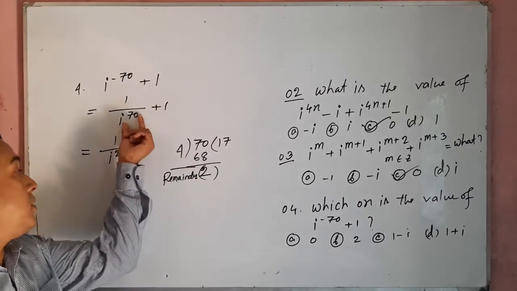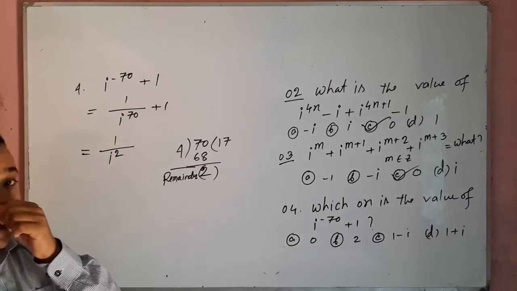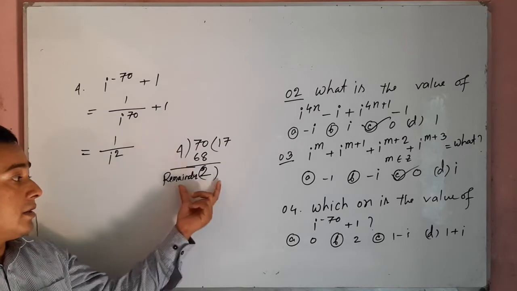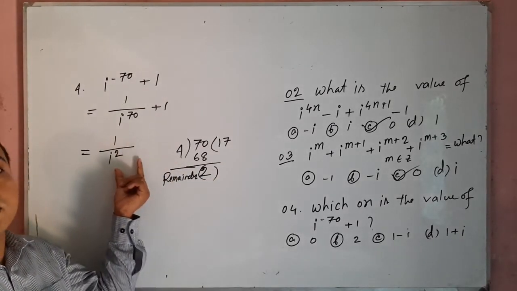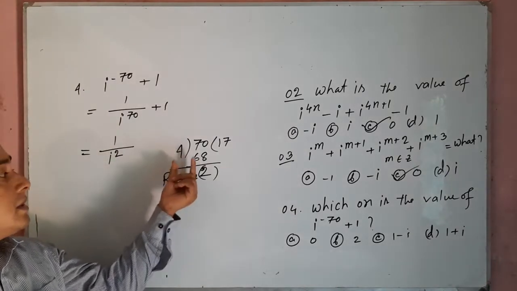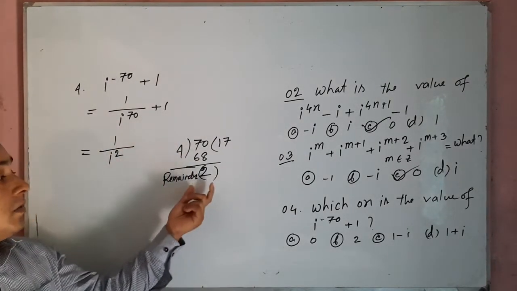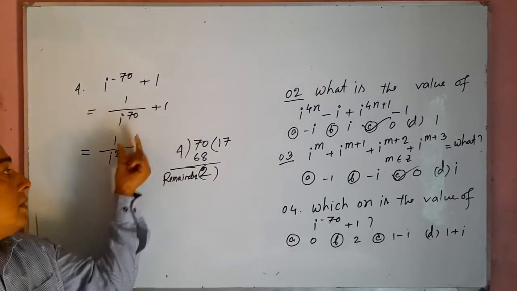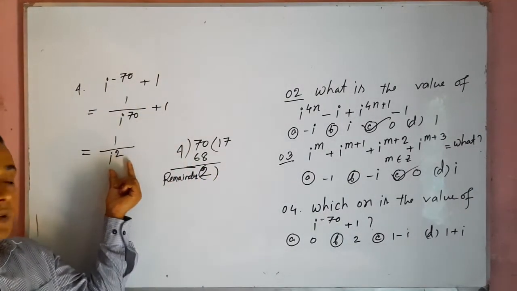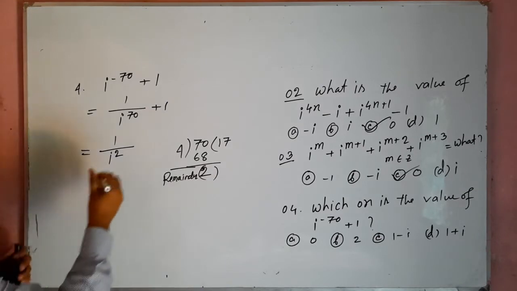So i to the power 70 is equivalent to i squared. If the power of i is divided by 4 and the remainder is 2, then i to the power 70 is equal to i squared. So this is our process. If the power of i is greater than 4, then divide it by 4, and you will get your answer from the remainder. Then i to the power 70 is equal to i squared. Okay, so we can write it plus 1.